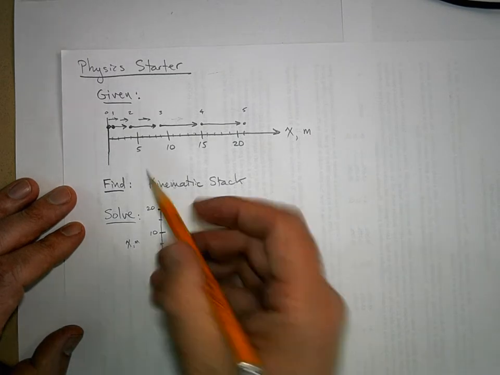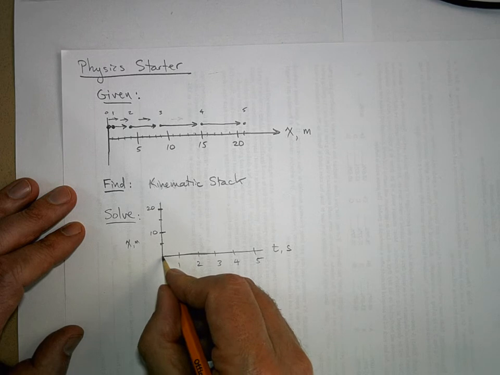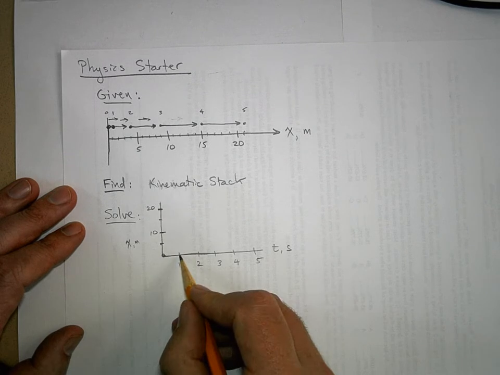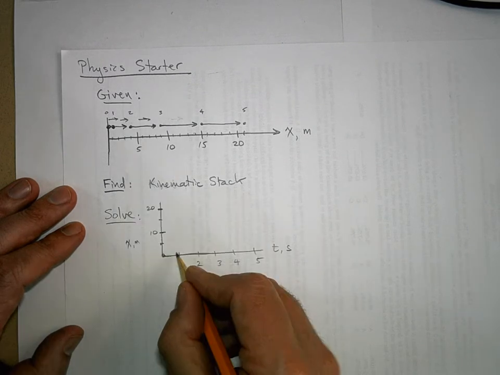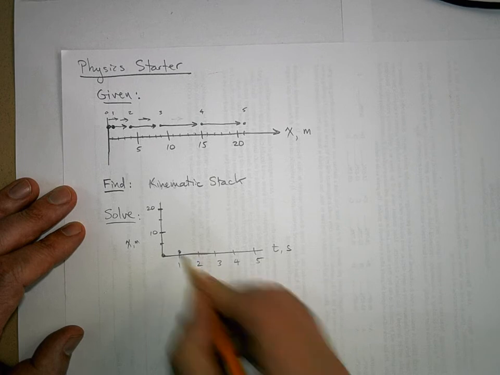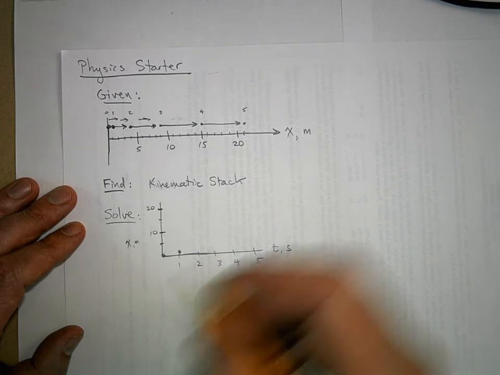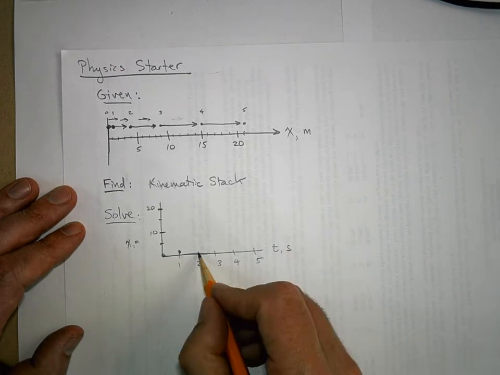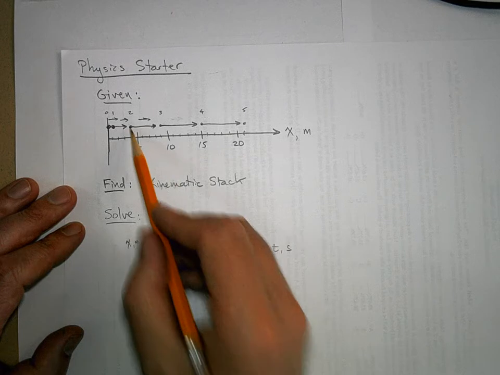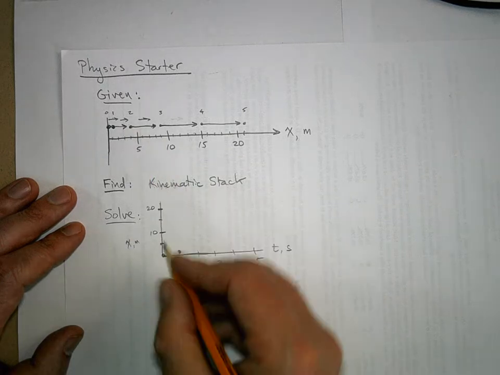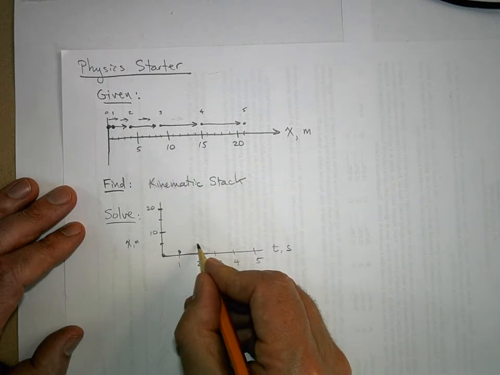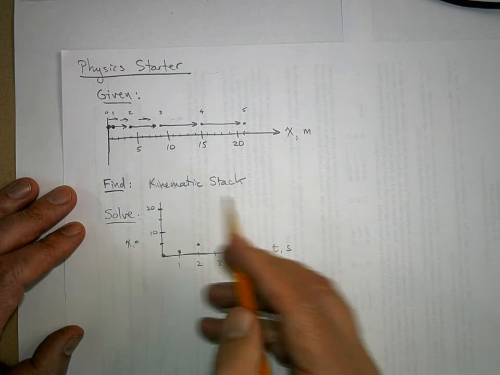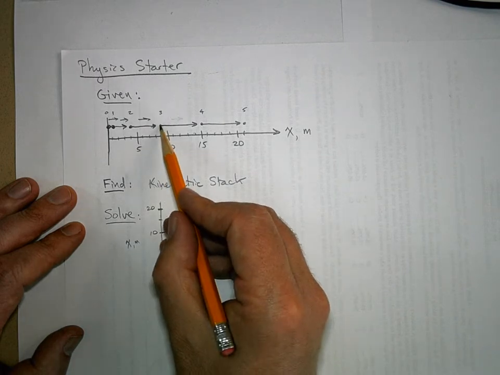And so at 0, we're at 0. At 1, we're at 1. And you have that classic kind of parabola starting to show up already, because at 2, it's 4. So here's 4 right here. And then at 3 seconds, we're at 9.